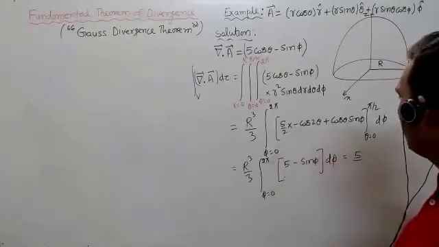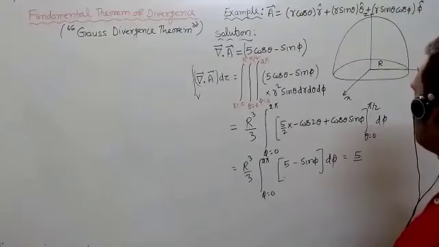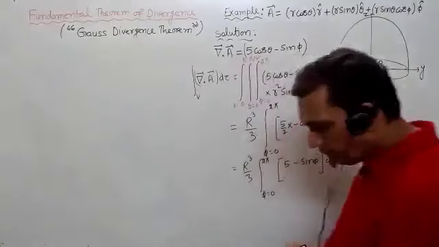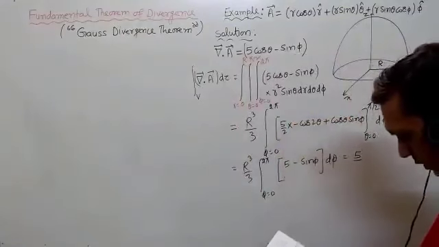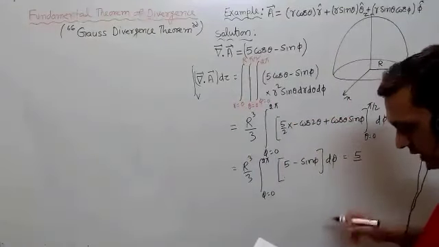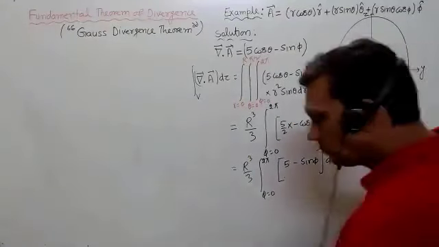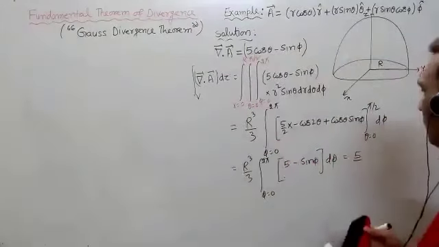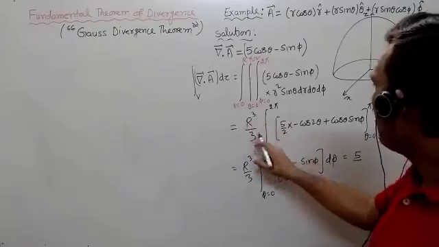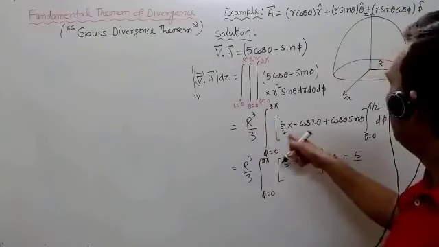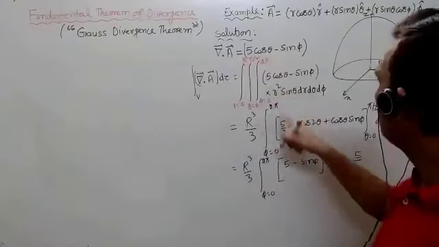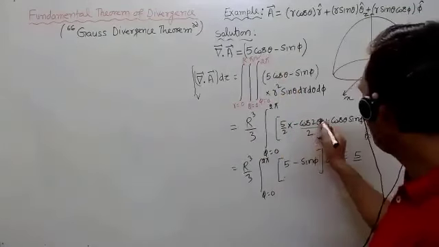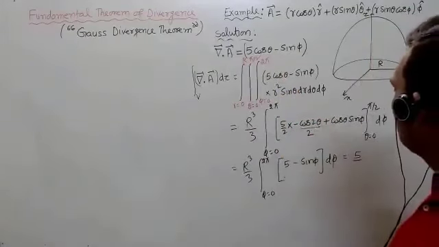So what will be this integral? Please integrate it. So this is r cube by 3. And if you take 5 by 2, sin 2 theta will give you minus cos 2 theta by 2.